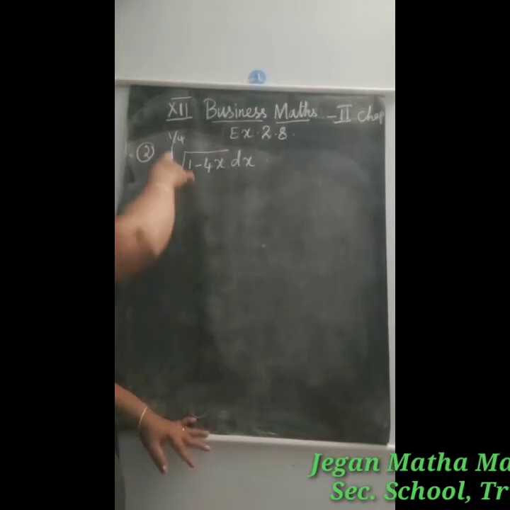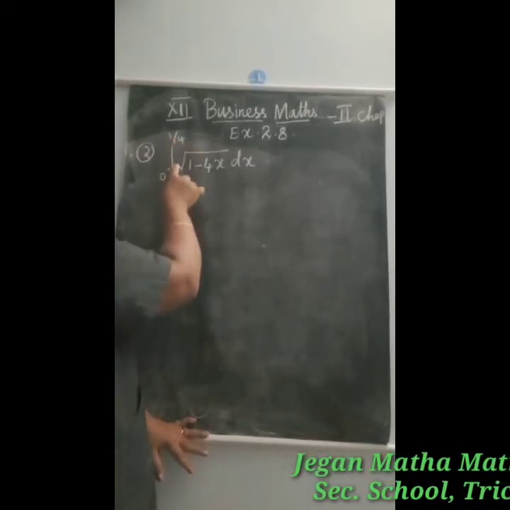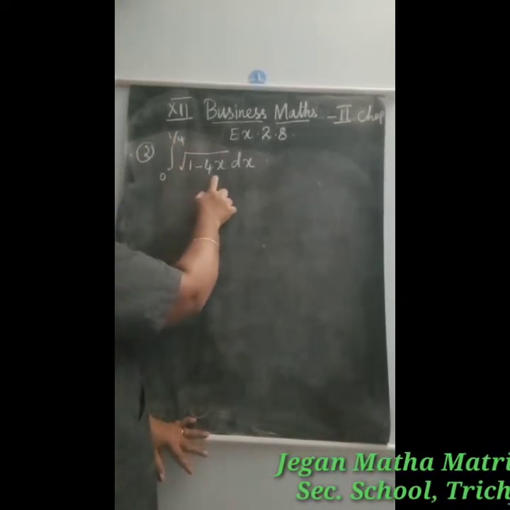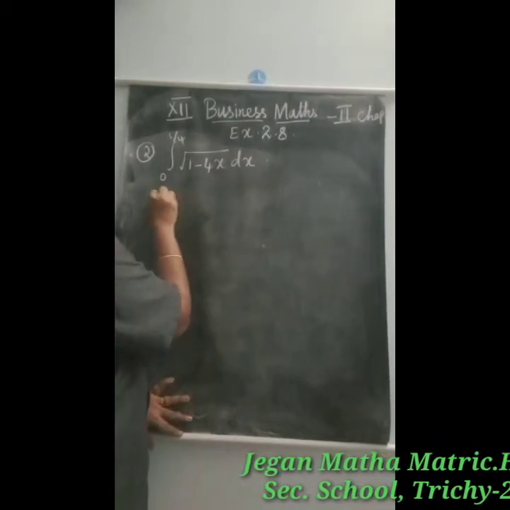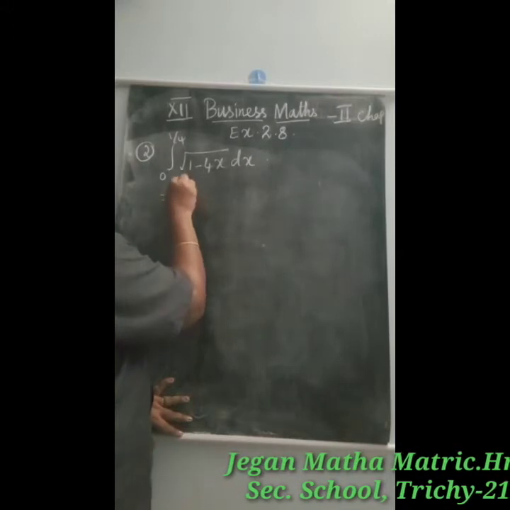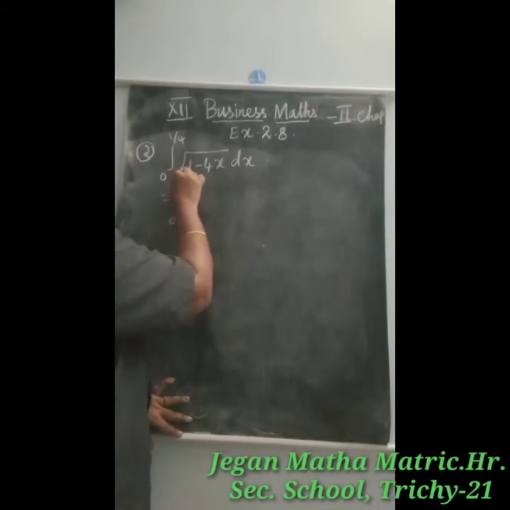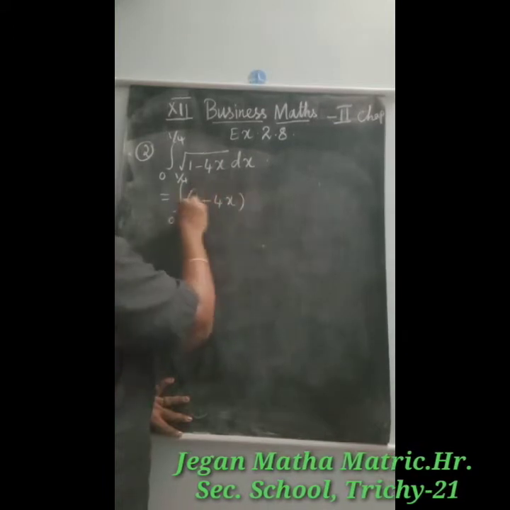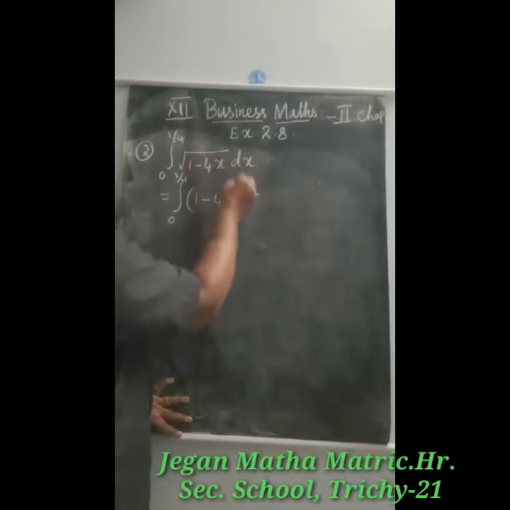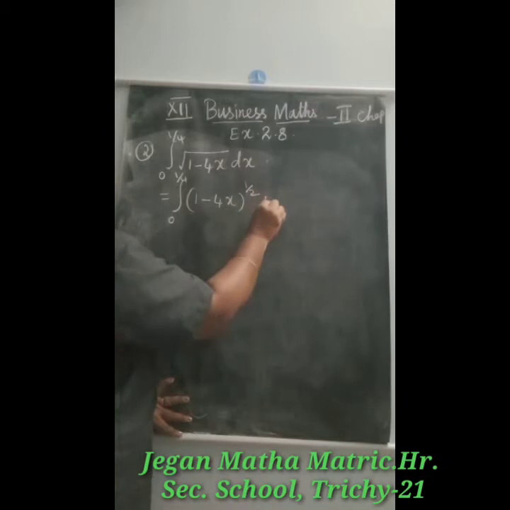Second question, integral of 0 to 1 by 4 root of 1 minus 4x into dx. So let us integrate this one. We will get, first, the integral from 0 to 1 by 4 of 1 minus 4x the whole power 1 by 2, this root goes into power 1 by 2, into dx.